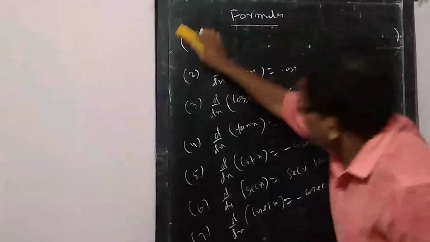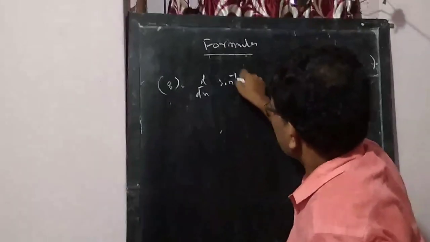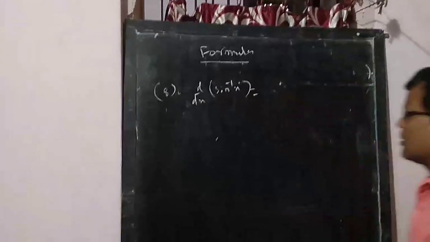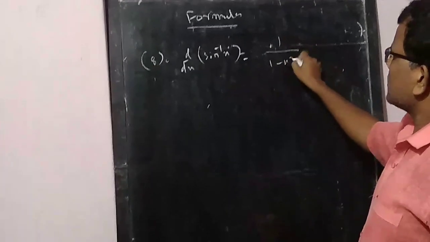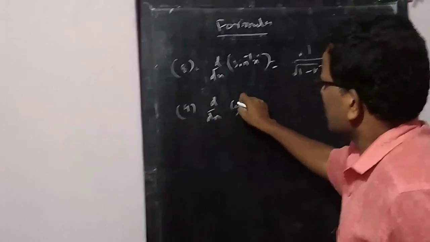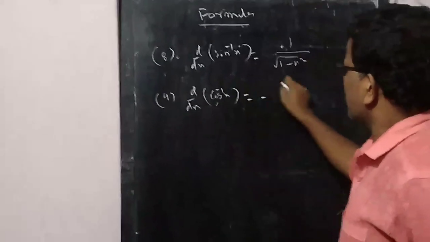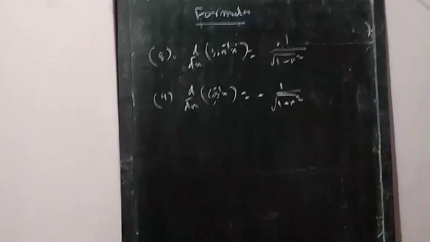Next, d by dx of sin inverse x is equal to 1 by root over 1 minus x square. d by dx of cos inverse x is equal to minus 1 by root over 1 minus x square.